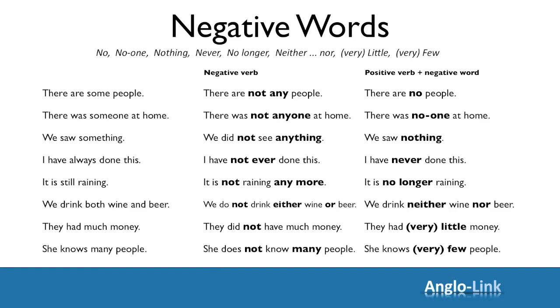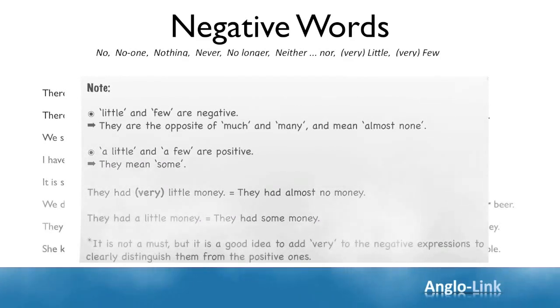Let's just stay with the words little and few for a while, because it's important that you note this little point. Little and few are negative. As you have just seen, they are the opposite of much and many, and mean almost none. If you add the word a to these words and say a little and a few, they become positive. They mean some.